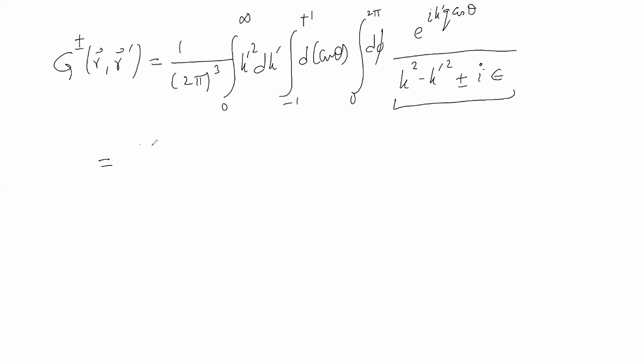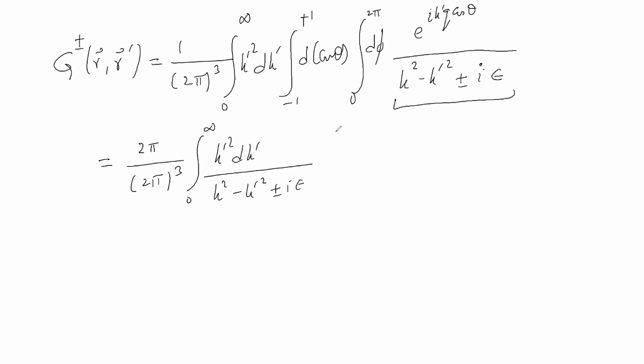Therefore, this expression I can write as 2 pi by twice pi cube, integral 0 to infinity K prime square dK prime upon K square minus K prime square plus minus i epsilon, integral minus 1 to plus 1 e to the power i K prime q cosine theta d cosine theta.